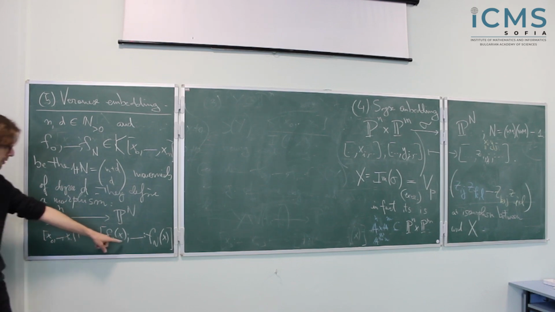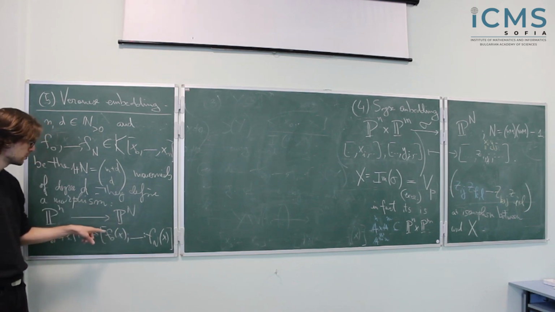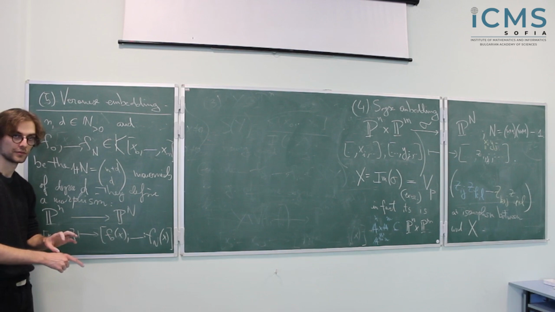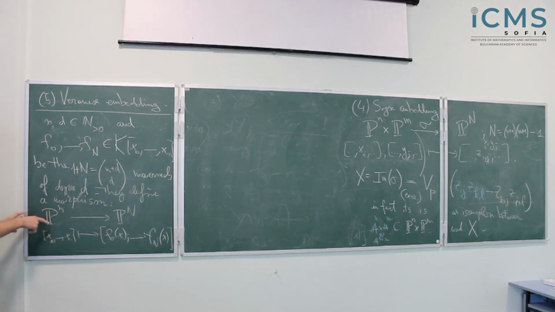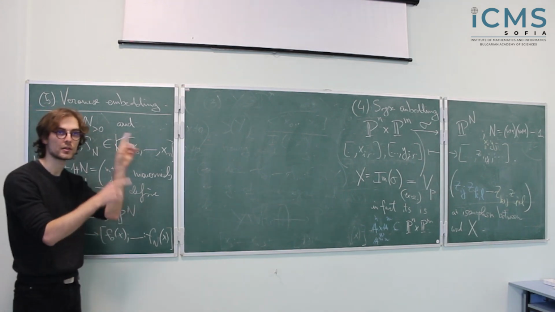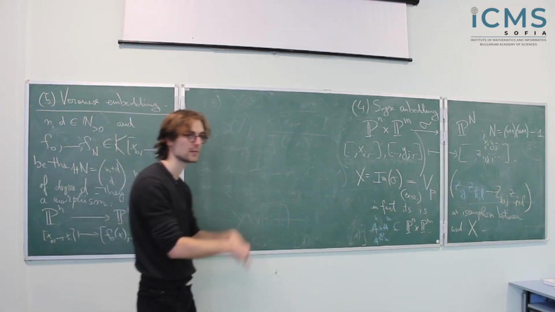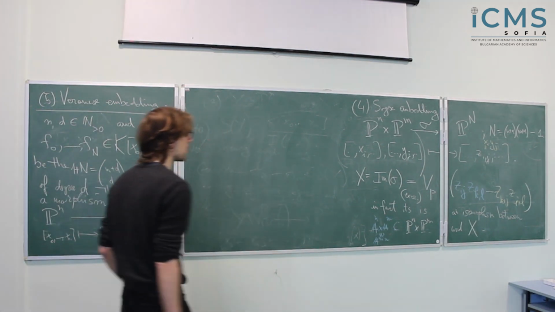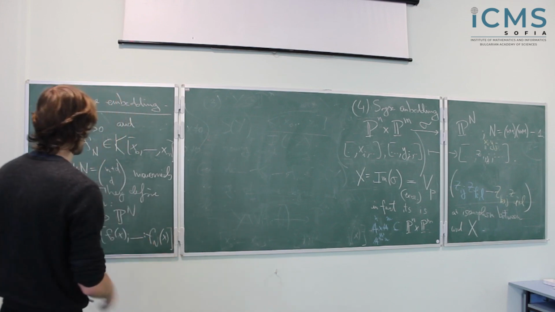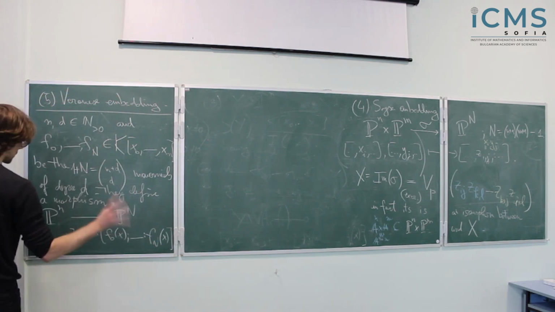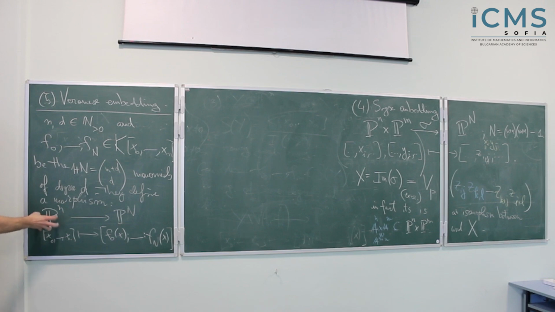Now, the common zero of all these monomials will only be the origin in the n plus 1 space, because you always have the monomials x0 to the power d, x1 to the power d, x2, etc. So the only common zero will always just be the origin. So there's no real problem here to subtract.